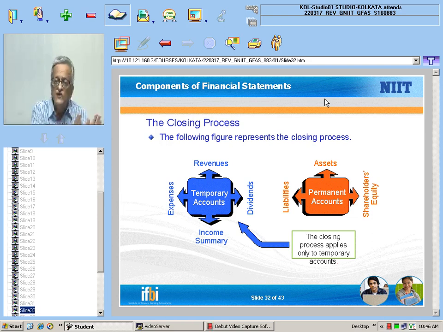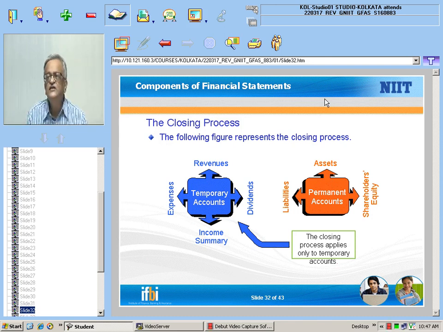Income summary account is debited, expense accounts are credited. So at the end of the accounting period, all revenue accounts and all expense accounts will be closed, with zero balance. And whatever amount is in the income summary, whether profit or loss, is transferred to the retained earnings, which is shown in the equity section of the balance sheet.